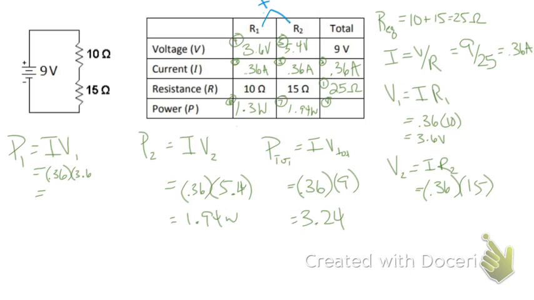So if you were to add up the power across resistor 1 and the power across resistor 2, 1.3 plus 1.94, that'll give you 3.24. Okay? So you also could have done P total is equal to P1 plus P2. It doesn't matter. The only benefit would be sometimes if you got easy numbers, rather than multiply, just go, hey, 10 plus 2 is 12.